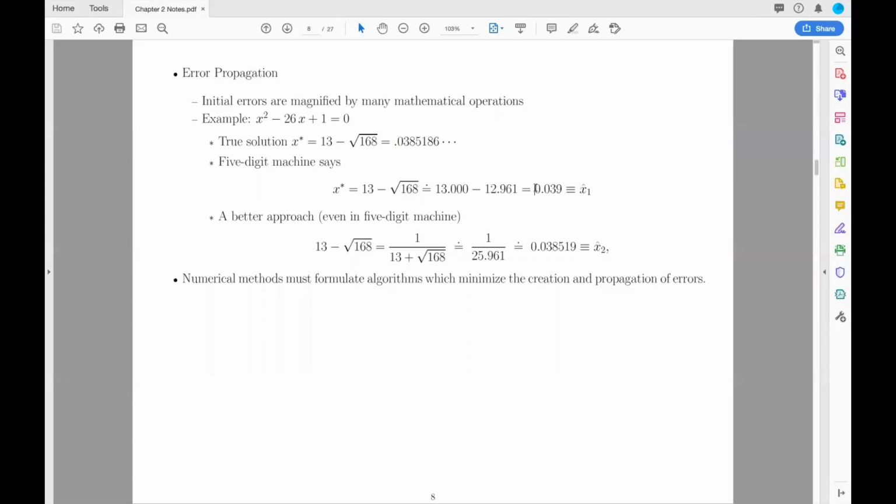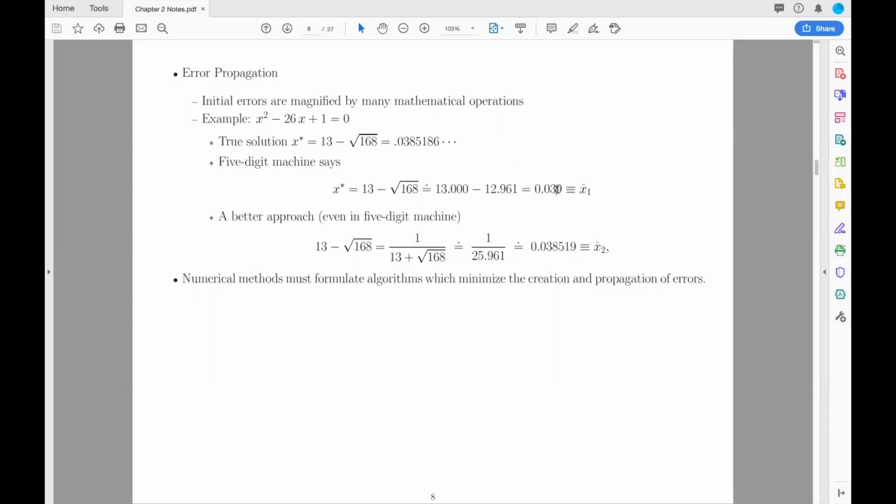The difference is 0.039. How accurate is this? This has only 2-digit accuracy. The truth is 0.0385186. This is the rounding of this number to just the second significant digit.